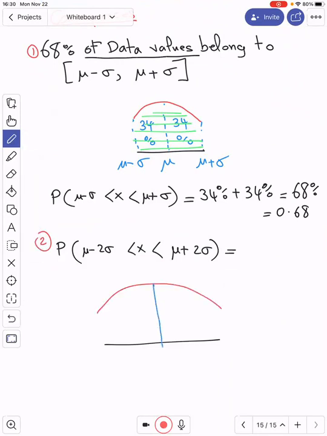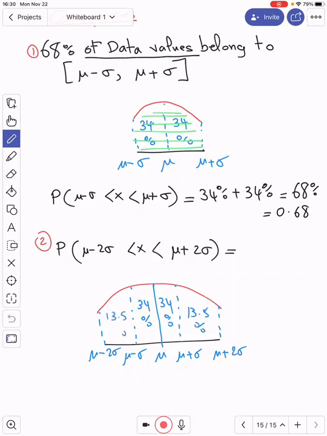This is my mu, this is mu minus sigma, this is mu minus 2 sigma, this is mu plus sigma, and this is mu plus 2 sigma. This is 34%, this is also 34, and next we have 13.5% on each side. Now, what's the area of this region between mu minus 2 sigma and mu plus 2 sigma?